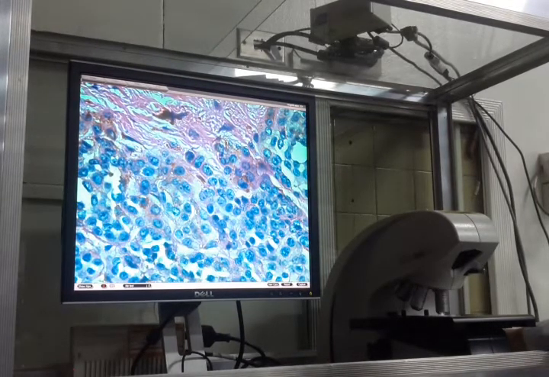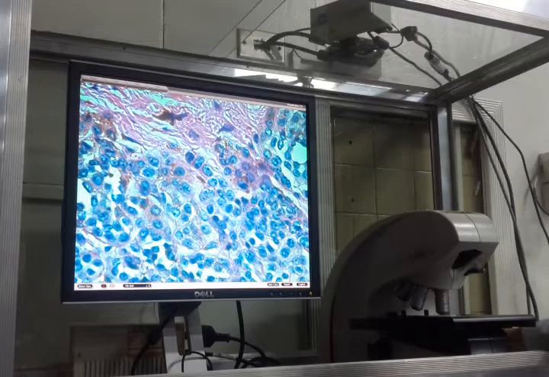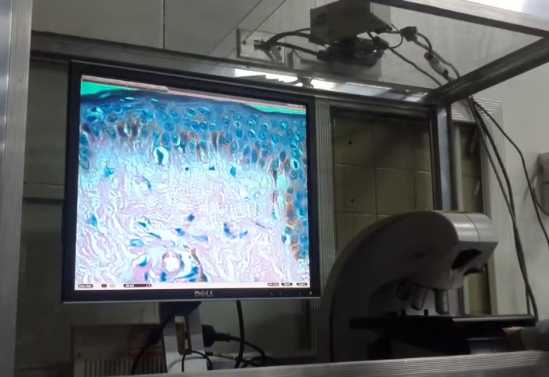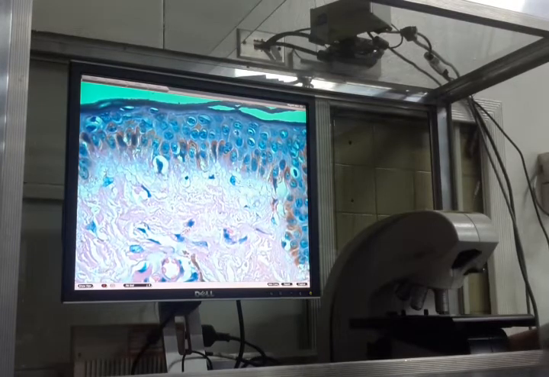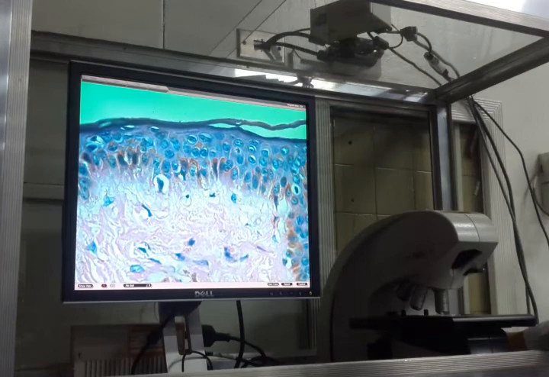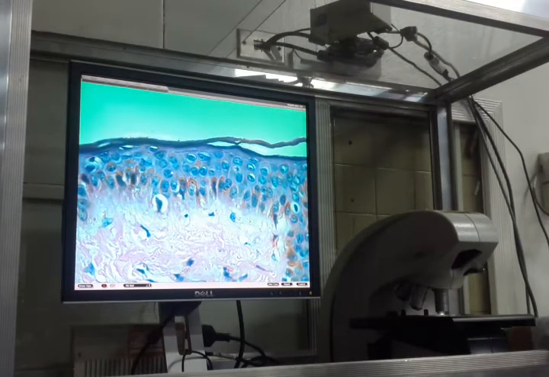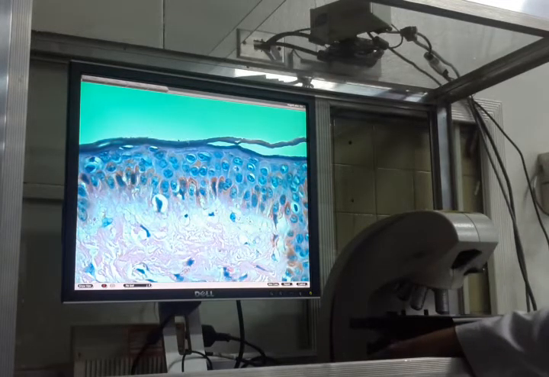Produced by melanocytes. Normally, you will see the melanin pigment produced by melanocytes at the polygonal cell layer of the stratified squamous epithelial lining of the epidermis, such as what you have here.